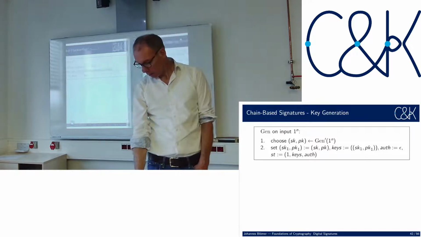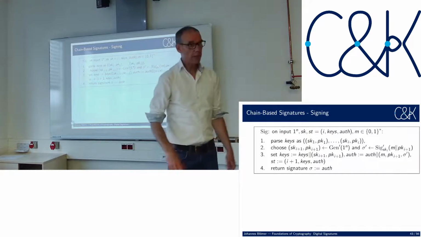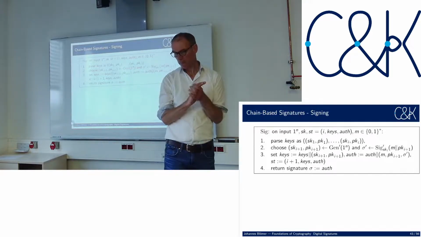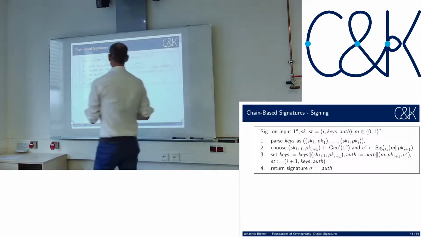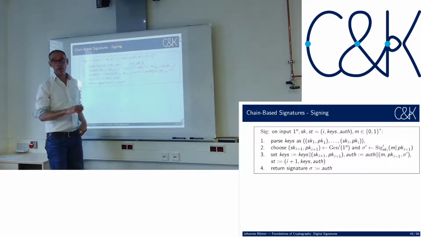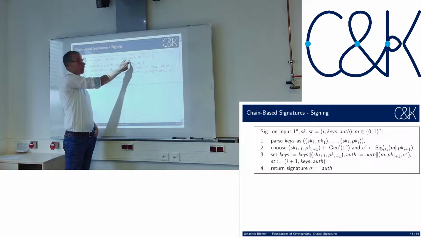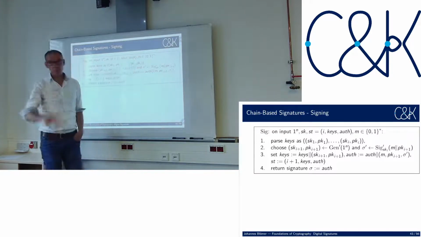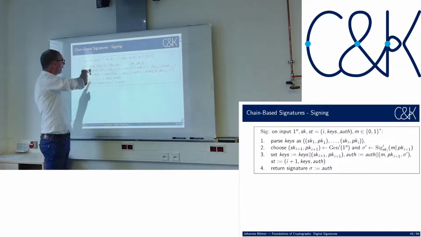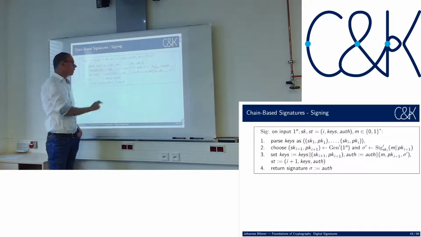Now comes the signing algorithm. So assume you have already signed i messages. So sign gets as input the secret key and the state. The state in general will consist of a counter, a list of keys, and, as you will see, auth will also be a list of things. Now you want to sign a new message with this state and the secret key.